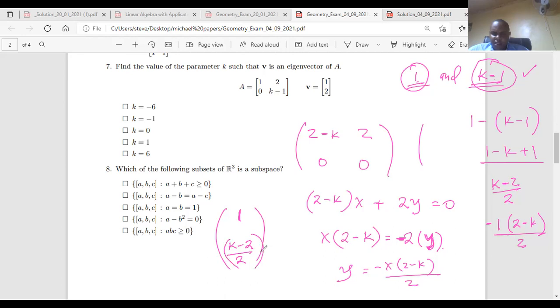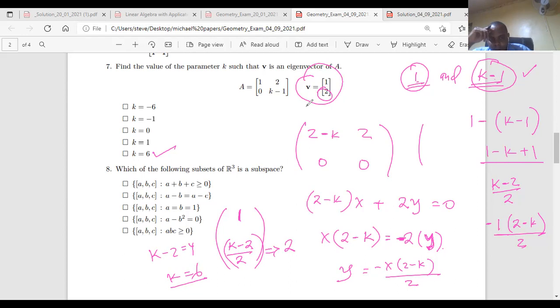And this has to be 2, meaning that k minus 2 has to be 4, and so k has to be 6. So the answer is 6. How do you know that it must be 2? Because this is the vector we want. So yes, it has to be 2.